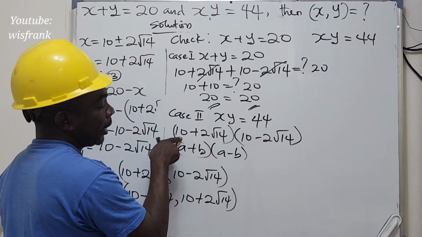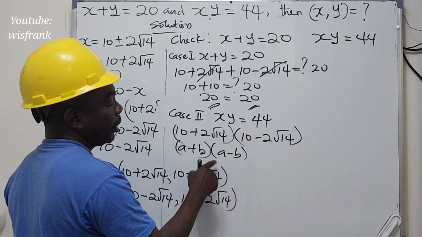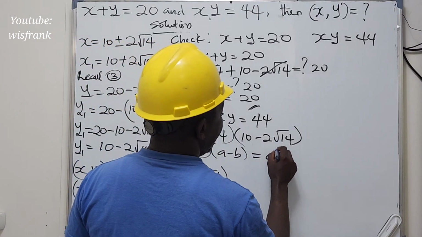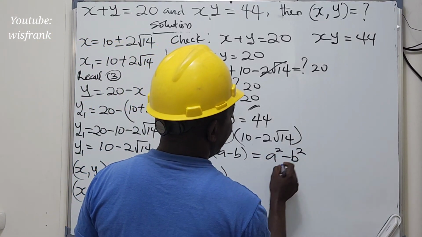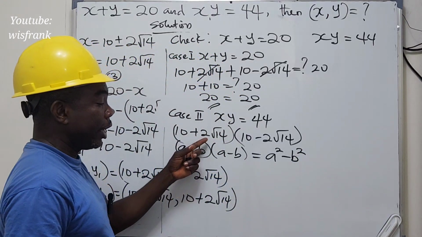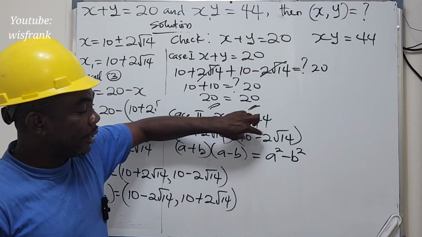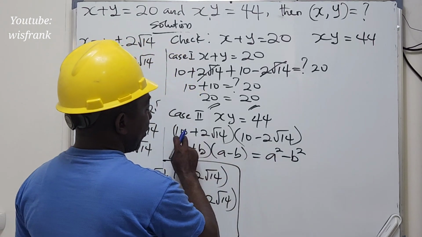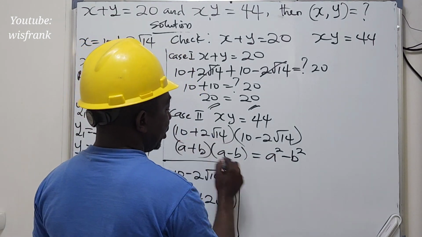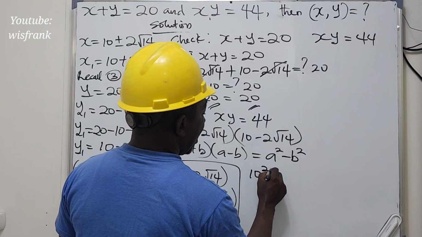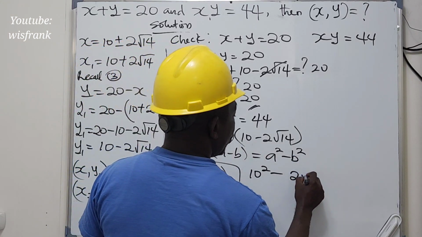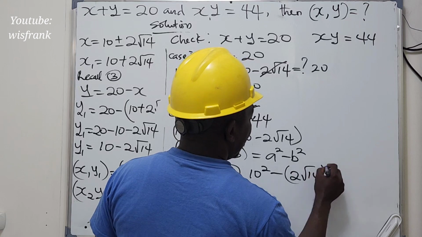Let's say this is our a and this is our b. This is the difference of two squares, where we have a to the power of 2 minus b to the power of 2. Here our a is this and our b is this, so it becomes 10 to the power of 2 minus 2 root 14 all to the power of 2.